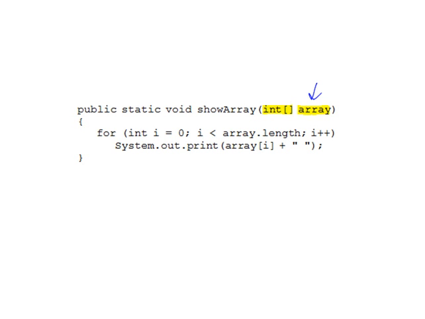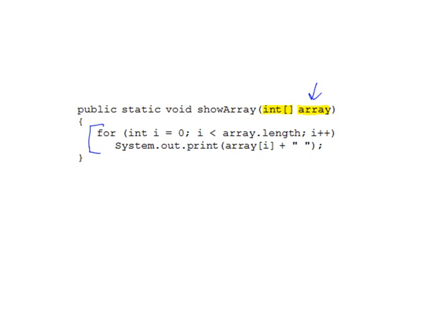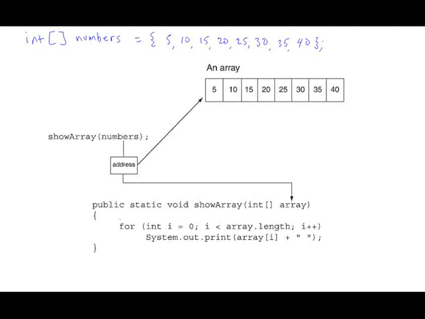So when we call this method, we pass an integer array as an argument to the method, and then you see that inside the method we have a for loop that simply steps through the elements of the array and displays their contents.